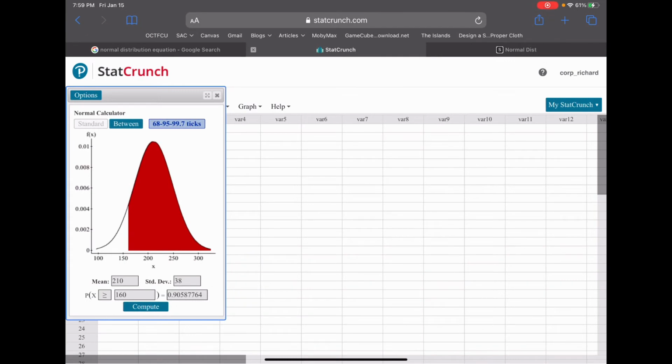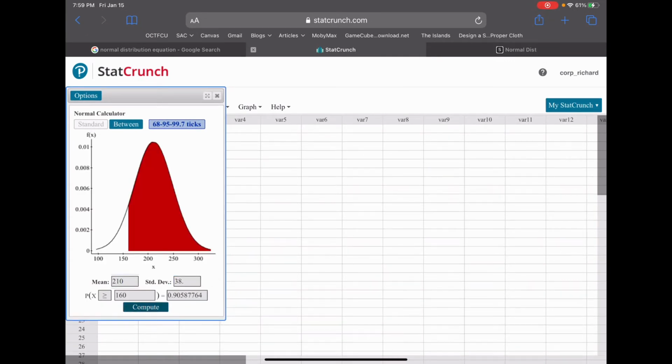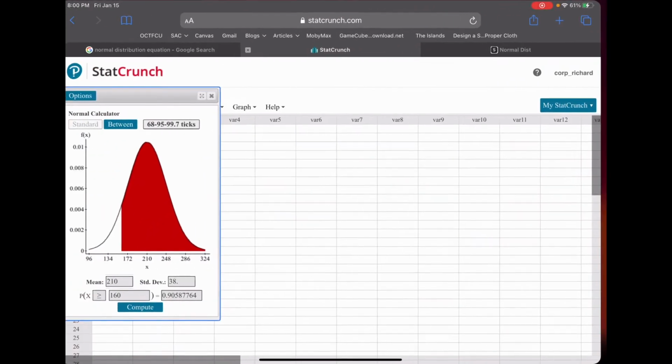I see if I type in 210 and 38, and I click on compute, and I click on this right here, it will do the math for me, 172. So we can see right here, 172 on the lower side.